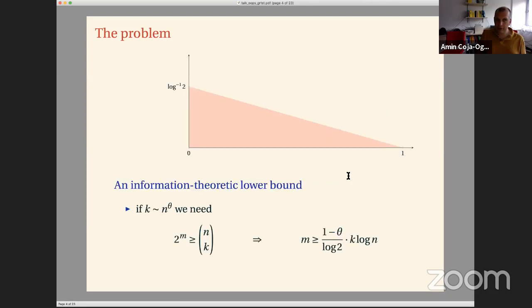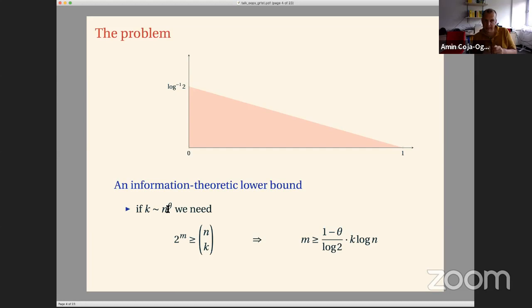Okay, so coming back to this setup of group testing, let's maybe begin with a simple information theoretic lower bound. Remember, K is the number of infected individuals and N is the total population size. And we are assuming that K scales as N to the theta for some number theta between 0 and 1. Then one thing that you can observe is the following. There's obviously N choose K possible sets of infected individuals. Any K set is one possible set of infected individuals.